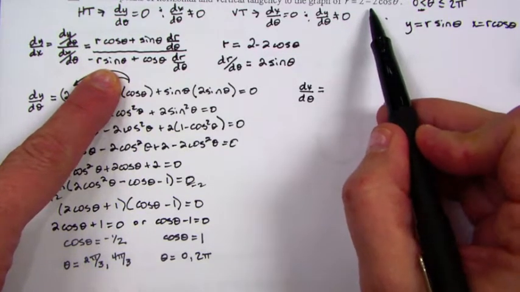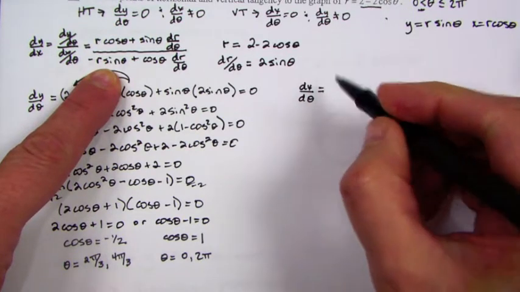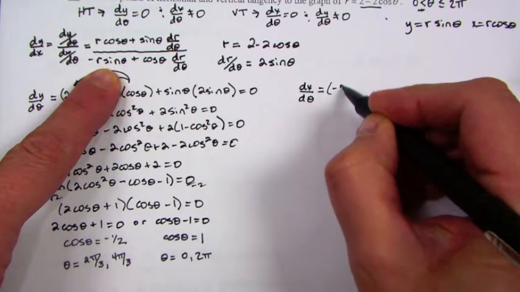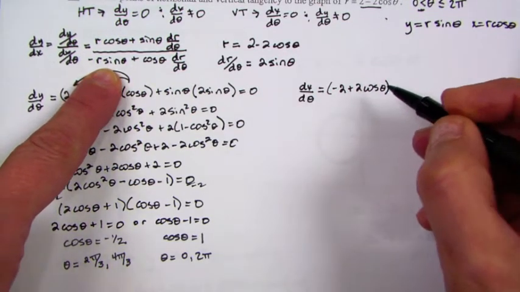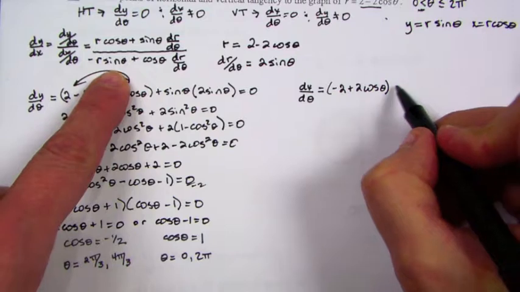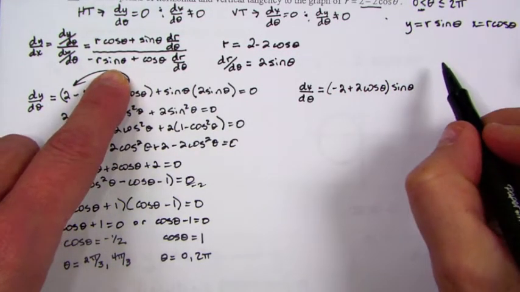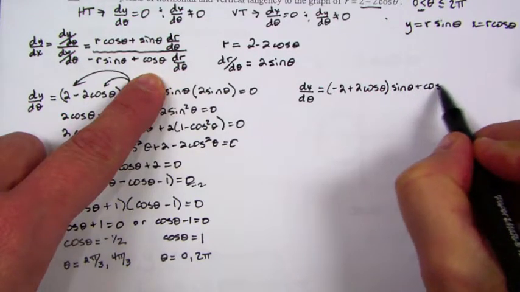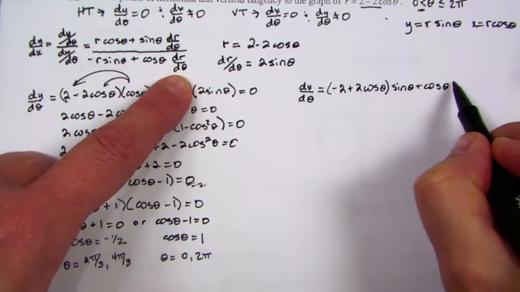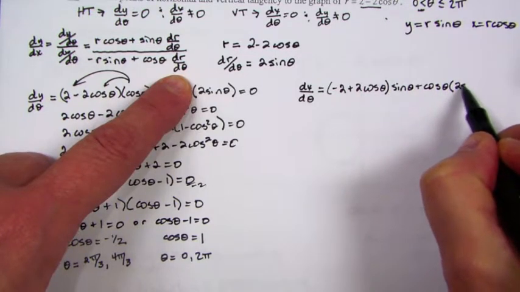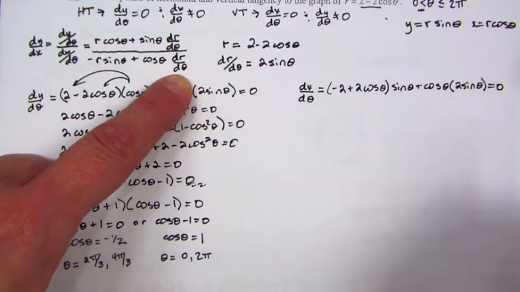I'm going to distribute the negative sign to the r up here. So that's going to make negative 2 plus 2 cosine theta, all of that times sine theta, plus cosine theta times dr d theta, which I found to be 2 sine theta, and that's equal to 0.